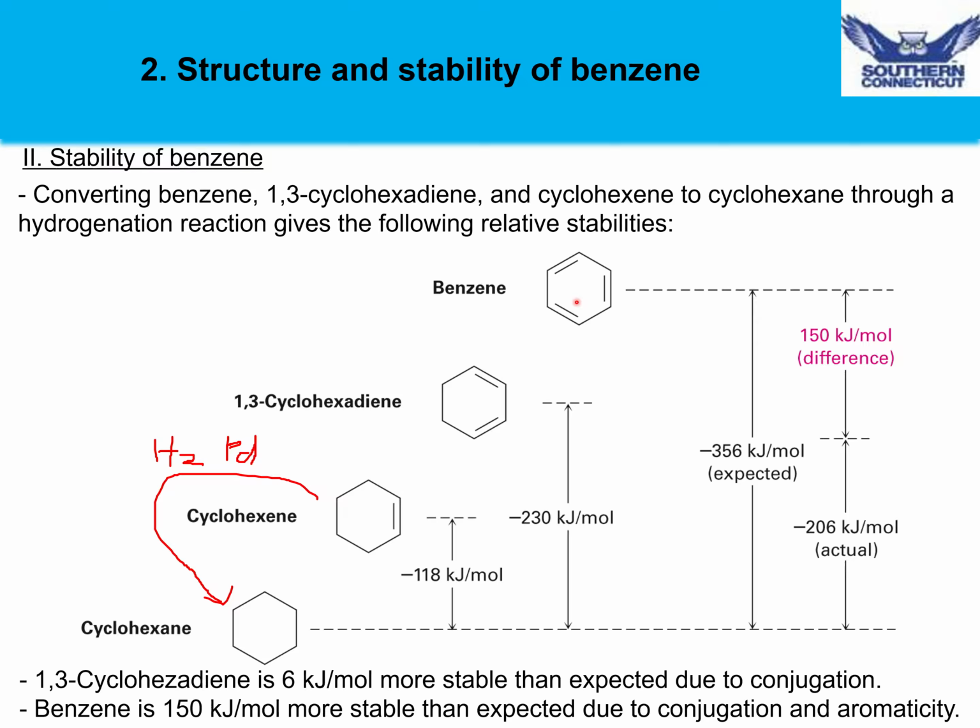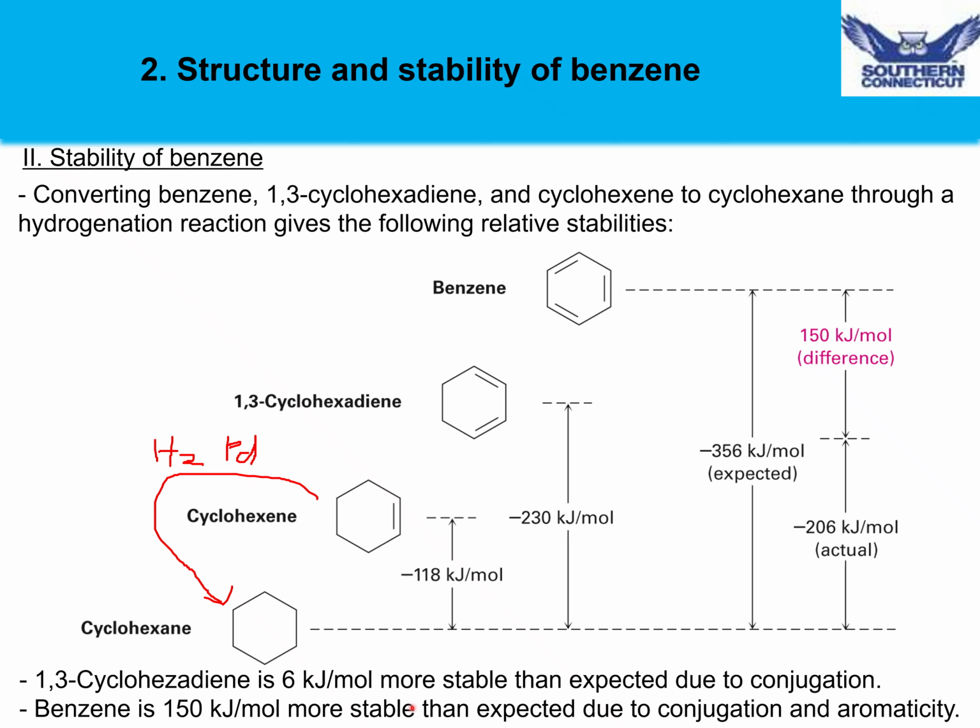This extra stability from conjugated double bonds leads to benzene having a stability of about 150 kilojoules per mole more than you would expect.